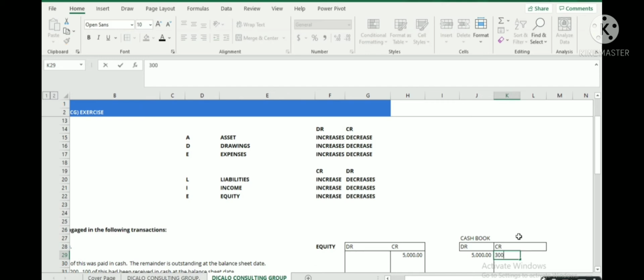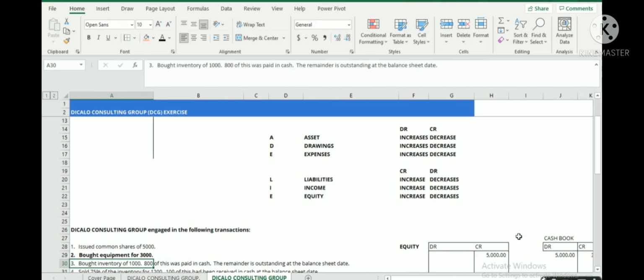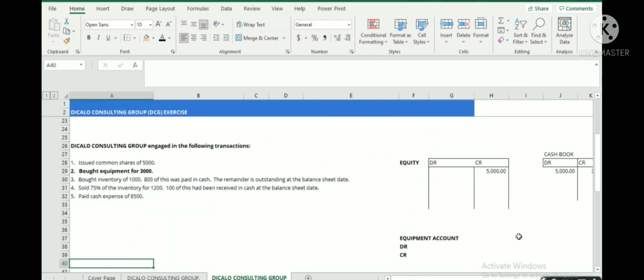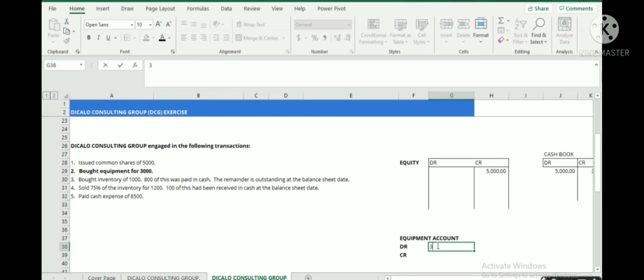Why are we crediting our cash account with 3,000? Because the value of cash will be reducing, and at the same time, in order to respect our double entry principles, since we have credited the cash account, we need to debit another account, which is what? The equipment account, and we need to debit also by how much? 3,000.